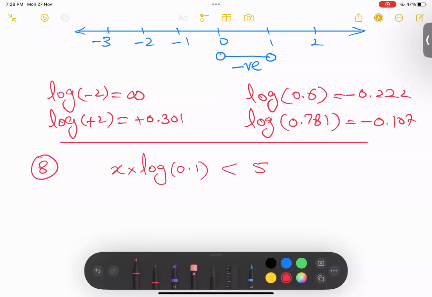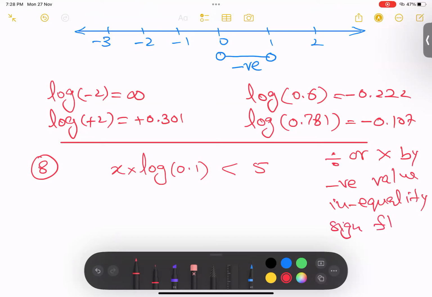You know, students, you did this in O levels: whenever you divide or multiply by a negative value, the inequality sign will flip.